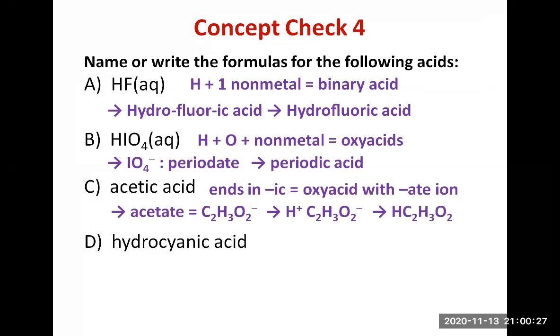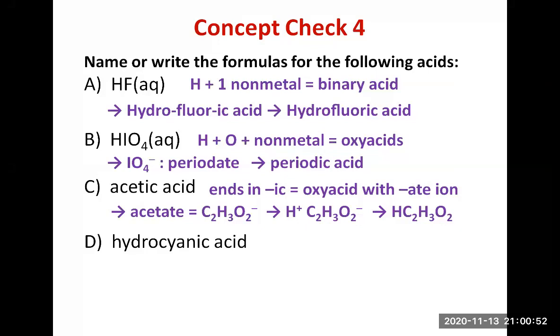So it's going to be H, C2, H3O2. Notice how we keep the H on purpose in front here to show that it's an acid, and it also helps us recognize the acetate ion. C2H3O2 is the acetate. So acetic acid is HC2H3O2.